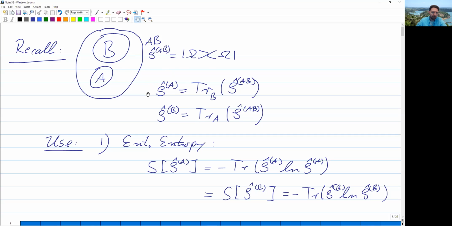And remember, there's a dilation theorem that says that if you have any system in a mixed state, there always exists a B. In fact, there always exist infinitely many possible B's, such that A and B together are in a pure state. That's why we can, for practical purposes, always assume that we are in a pure state. That's not to say that experimenters can do that, but as a theoretician, you can do that.